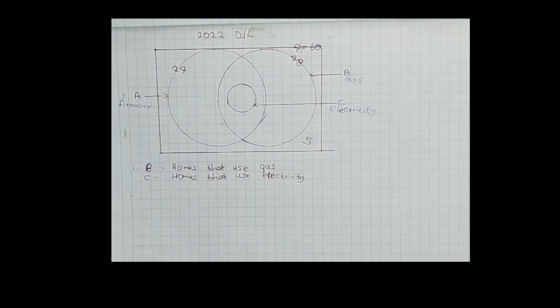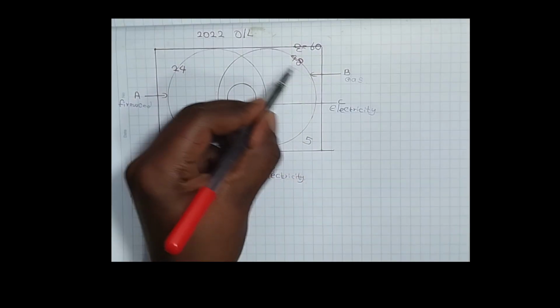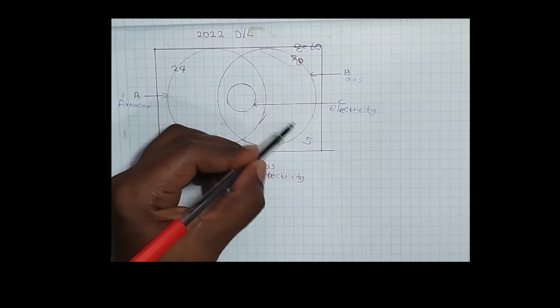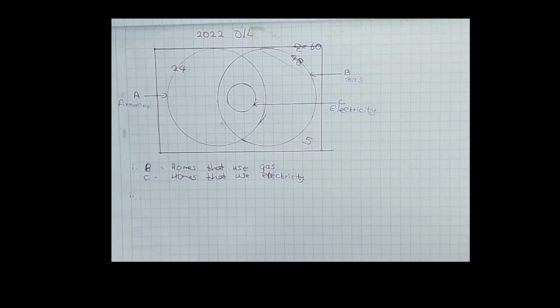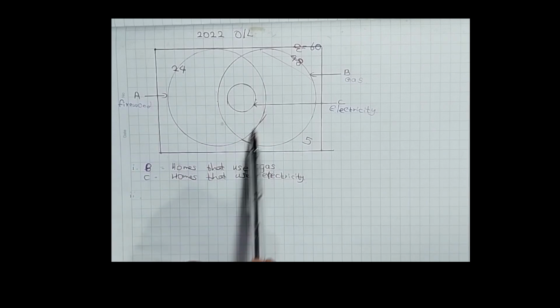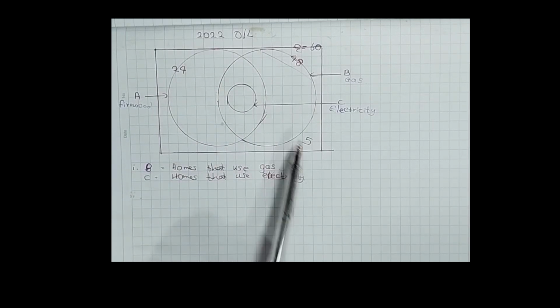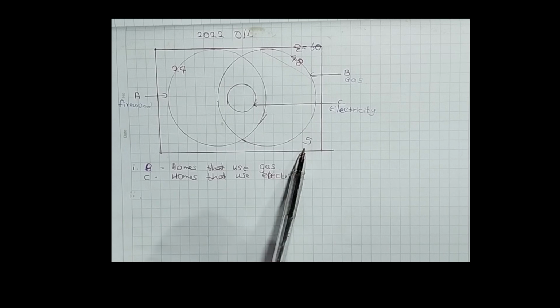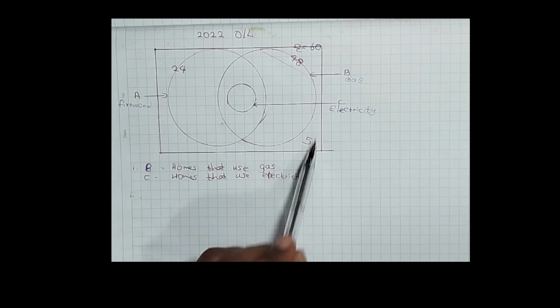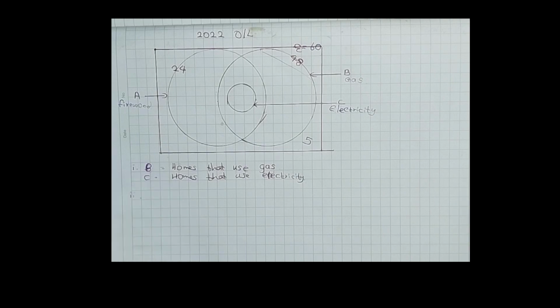Now they are asking to find the value of homes that use only gas. Only gas means you are asked to find this region. Okay, let's see how we can find it. Now you see, when we subtract this from the total, you will get this region, and also we should subtract this, because this one is also in that 60, no?